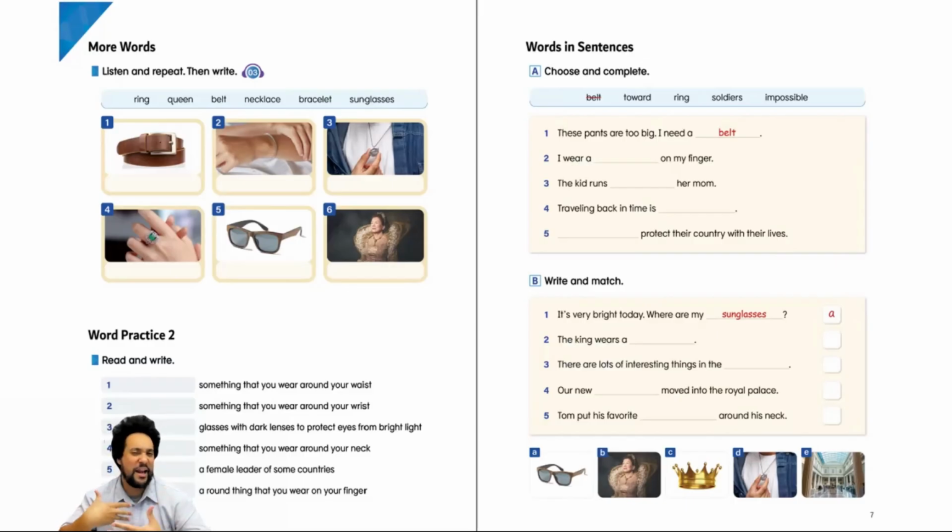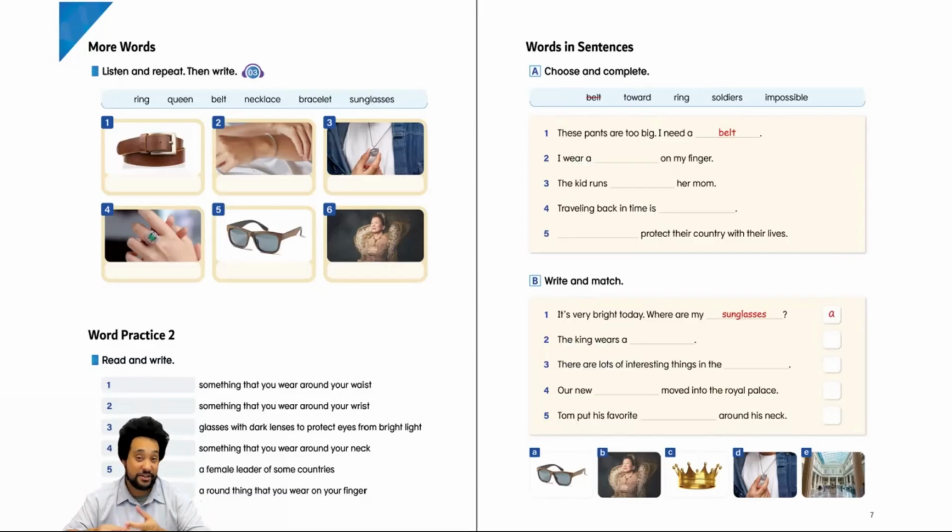So our main clothes would be like shirts and pants. But accessories are things that make our outfit more complete or help our outfit be more useful. So a belt is an accessory because a belt helps us keep our pants up.